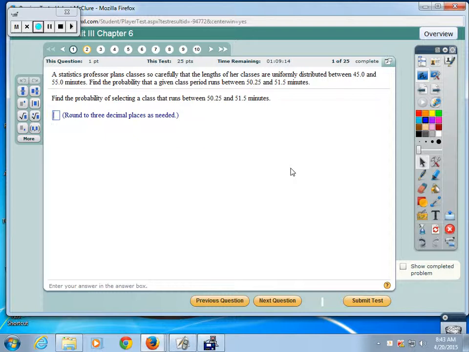We went over two of them. They're in your notes. It's the rectangle. And I said there would probably be two questions on the test. Uniformly distributed between 45 and 55 minutes. Find the probability that the class period runs between 50 and a quarter minutes and 51 and a half minutes.